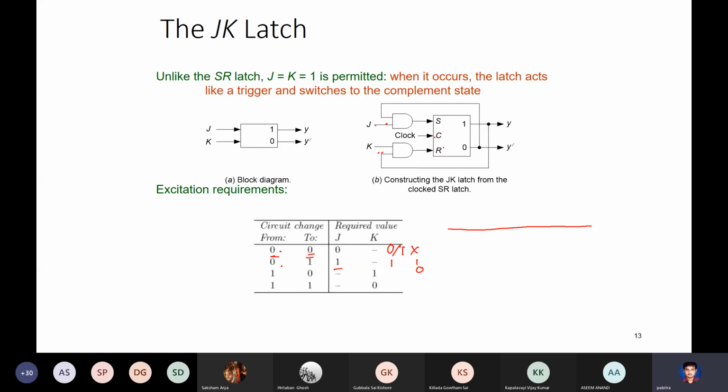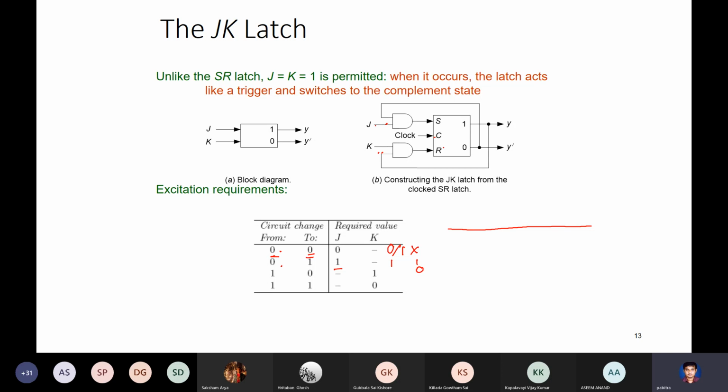So the idea is the following. If I set JK to be 0 0, the output should hold, so Qt plus 1 is the same as Qt. If JK is 1 1, Qt plus 1 is the complement of Qt, it toggles. If J is 1 and K is 0, output is set to 1. If J is 0 and K is 1, output is set to 0.